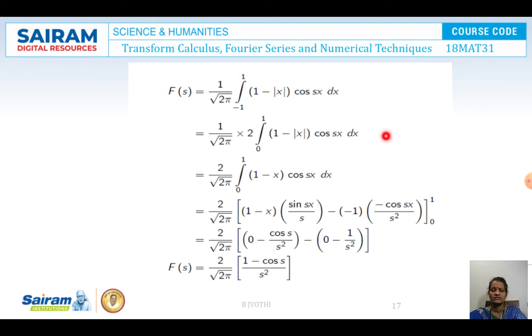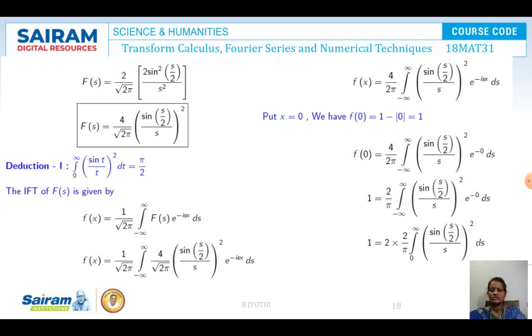When we integrate it, by using Bernoulli's rule of integration, we get 1 minus x into sin sx by s, minus 1 times minus cos sx by s square, from 0 to 1. So we get again 1 minus cos s divided by s square, which can be written as 2 sin square s by 2 divided by s square.